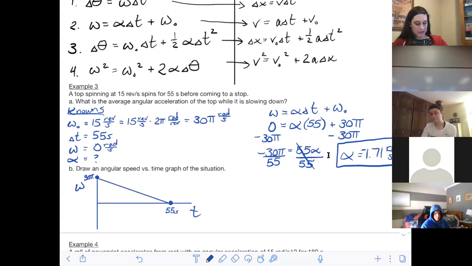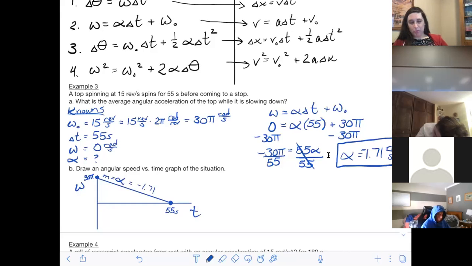I do believe it should just be a straight line. And because we know on a velocity versus time graph that the derivative is acceleration, we should know that the slope of this line should be whatever our angular acceleration was, which, if you recall, we just calculated.